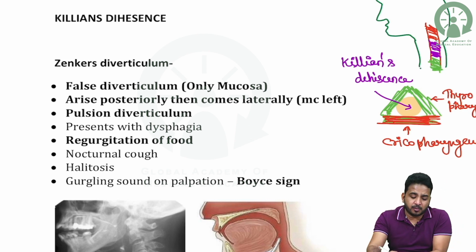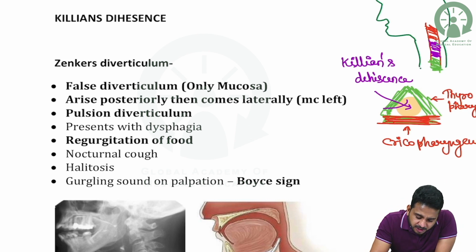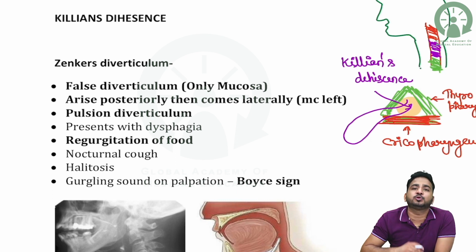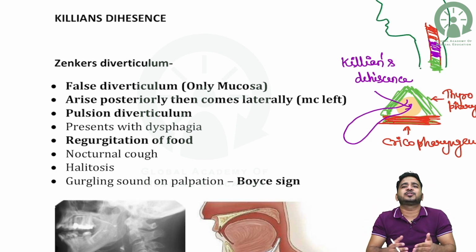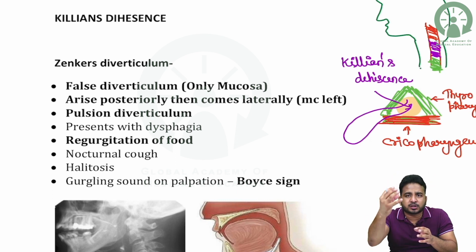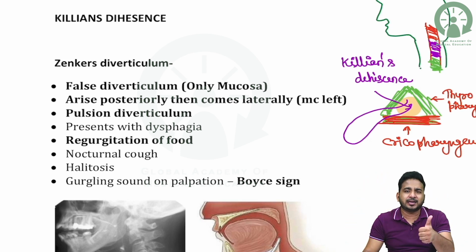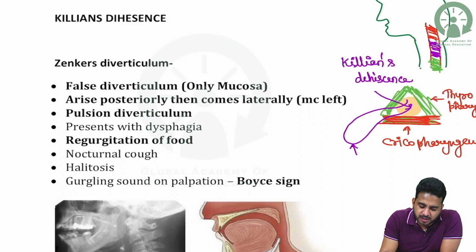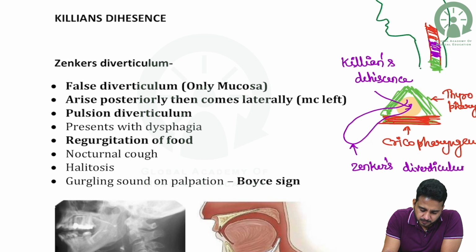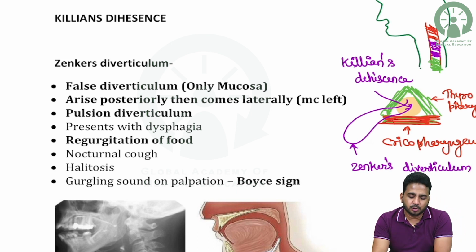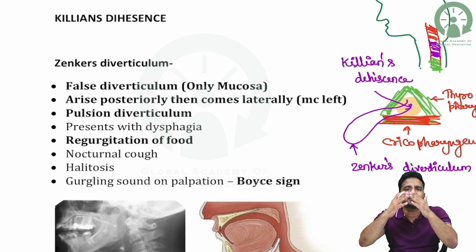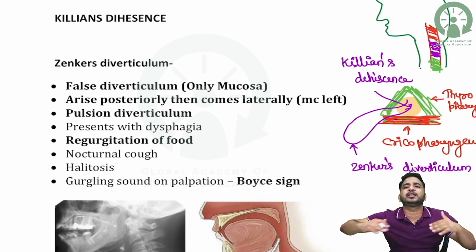And if from this gap there is a mucosal outpouching, the mucosa present in the pharynx, if because of some factors it comes out with formation of a bag, that is known as Zenker's diverticulum. Understood? So Killian's dehiscence is a dehiscence present between thyropharyngeus and cricopharyngeus.